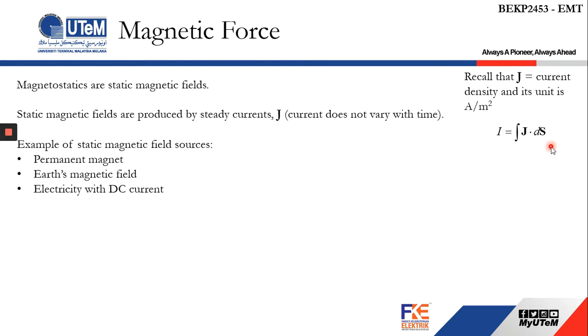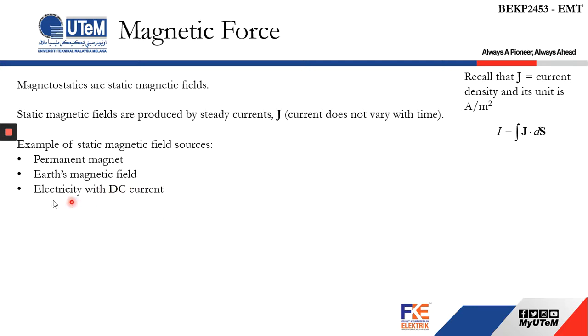So these are examples of static magnetic field sources. Number one is a permanent magnet. The typical bar magnet that you see that has a north pole and a south pole, that is called a permanent magnet. And then we have the Earth's magnetic field generated from the Earth's core, which is also a static magnetic field.